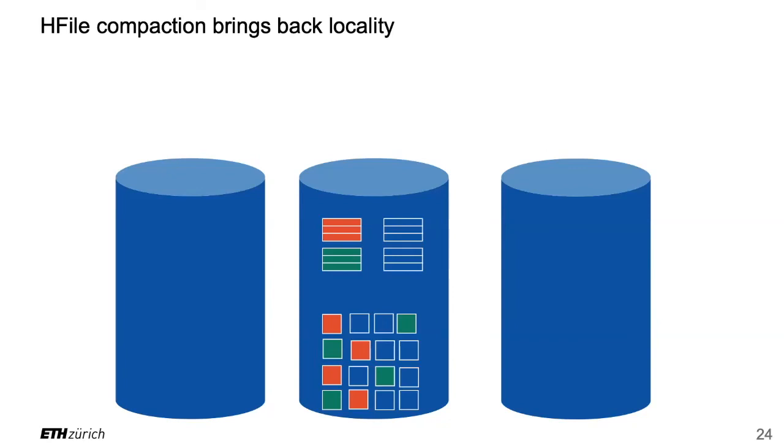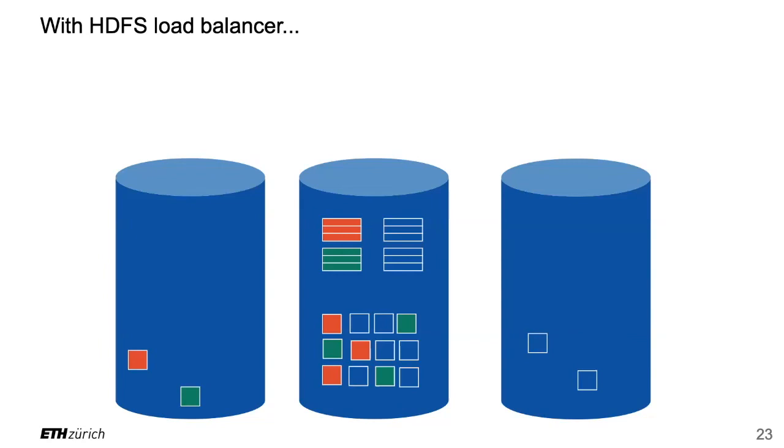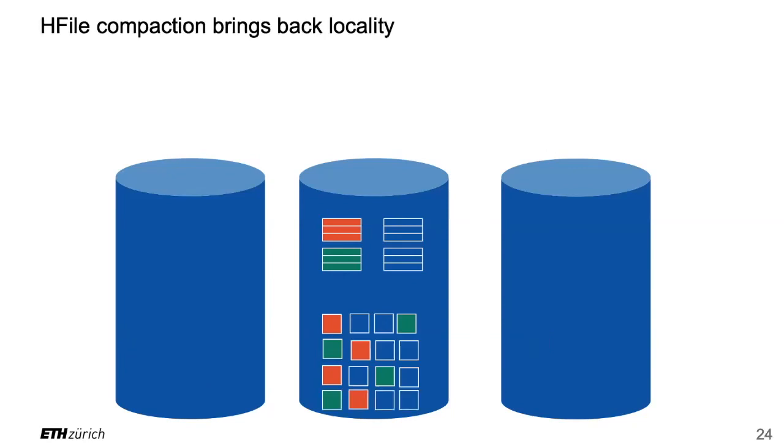I think it makes a lot of sense. So the argument, I totally agree with the argument, right? Basically, if you don't go all the way to the dinosaur fossils, but you stay on the higher level of burying, then you probably still compact often enough that this basically happens. So whenever you compact, the new blocks of the HFile get back on the same machine. This happens when you let the system evolve, right? The blocks can then end up somewhere else, but then when you compact, it goes back there.